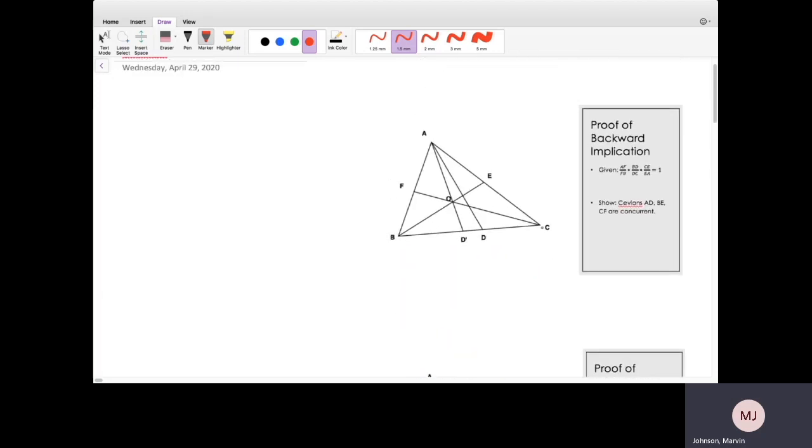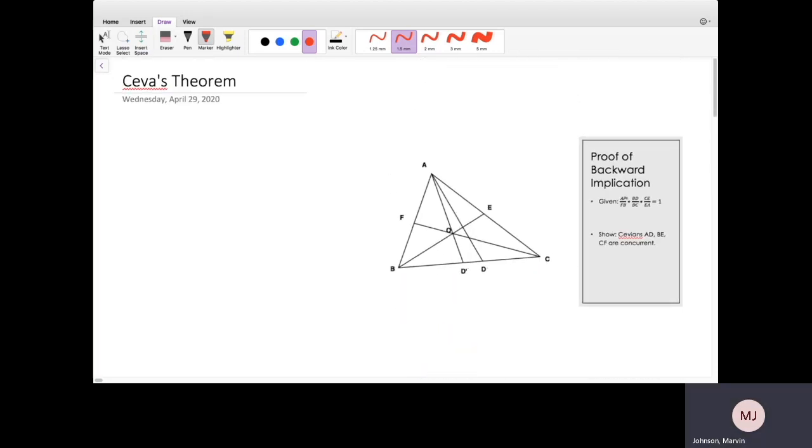Again, we're starting with the given up here that AF over FB times BD, not BD prime, but BD, over DC, times CE over EA is equal to 1. So that's the given.